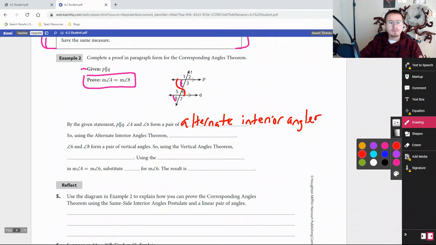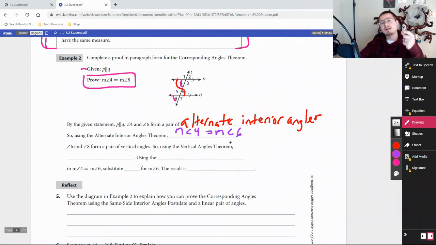Knowing that, we can use the alternate interior angles theorem, which says those are equal in measure. So the measure of angle 4 is equal to the measure of angle 6. This is like pulling out your toolbox. I can do this.